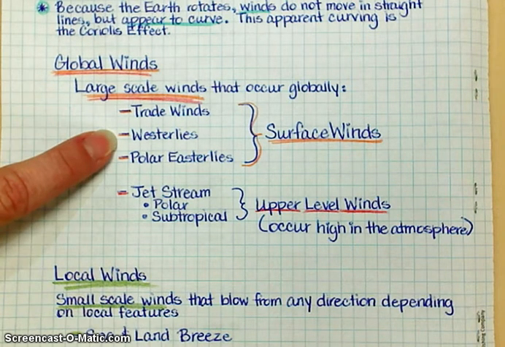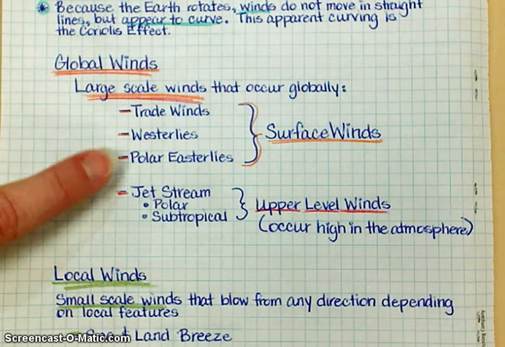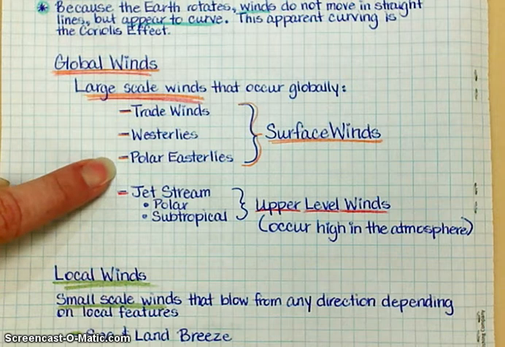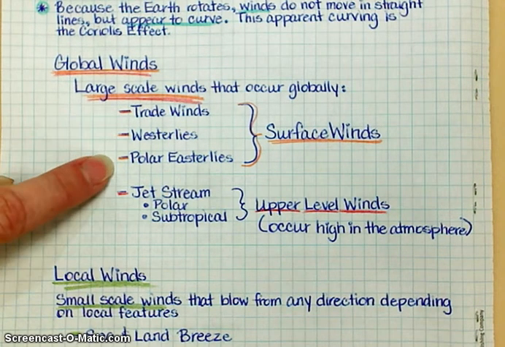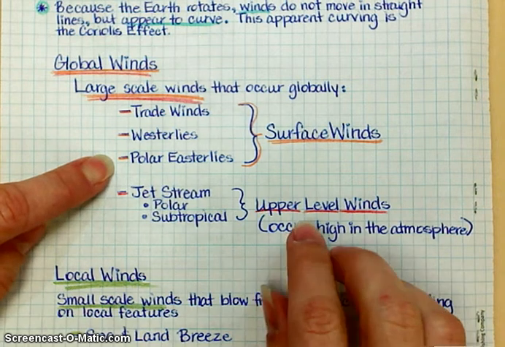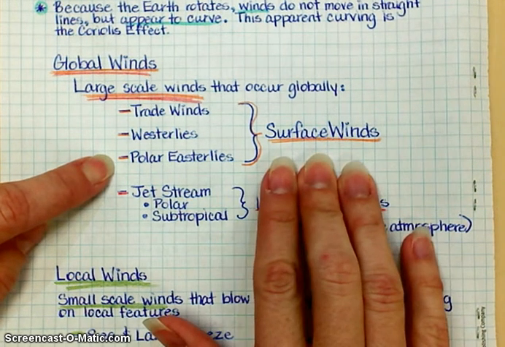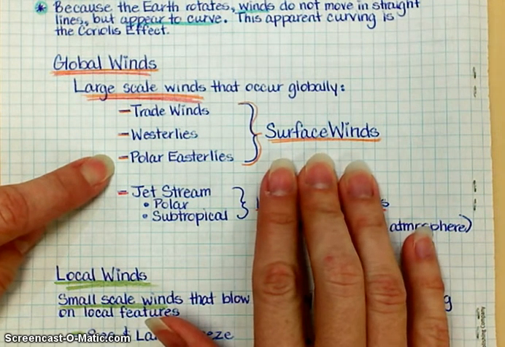You have your westerlies, which occur between 30 and 60 degrees, both in the northern and southern hemisphere. And then you have your polar easterlies, which occur between the poles and about 60 degrees north or 60 degrees south, okay? Now, when we talk about trade winds, westerlies, and polar easterlies, yes, we're talking about global winds, but we're talking about global winds that are surface winds, okay, that blow along the surface of the Earth.